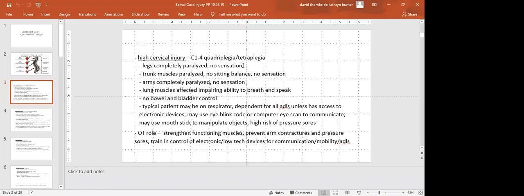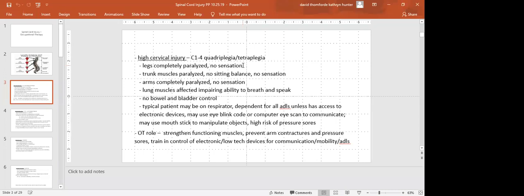If they're in a country that has electronic devices, often they can use these devices, even at this level of injury, to open doors, to turn on lights, things like that. But they're likely to need help with the other ADLs that require physical aid.